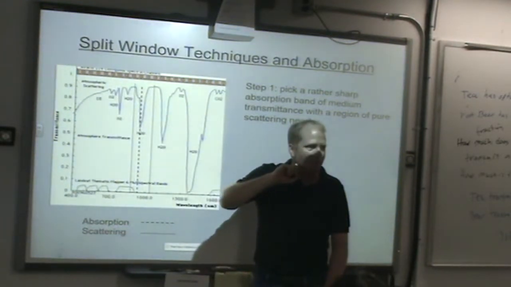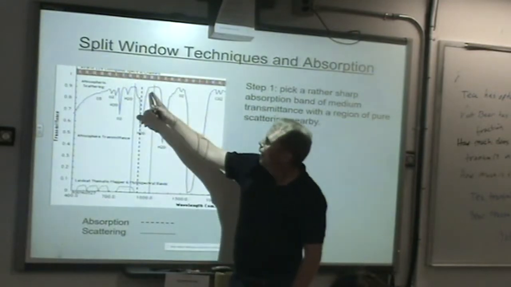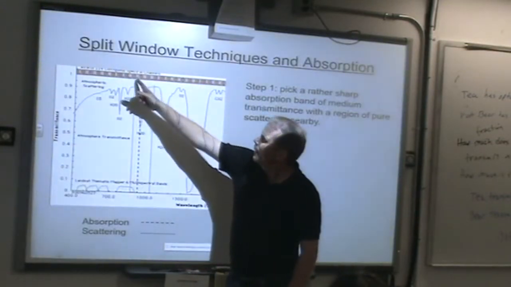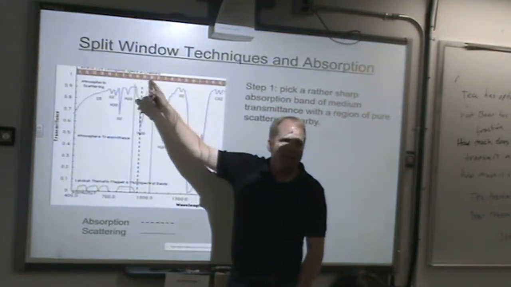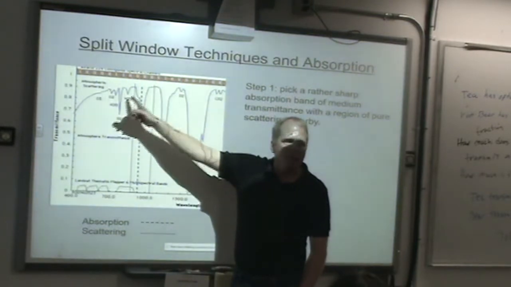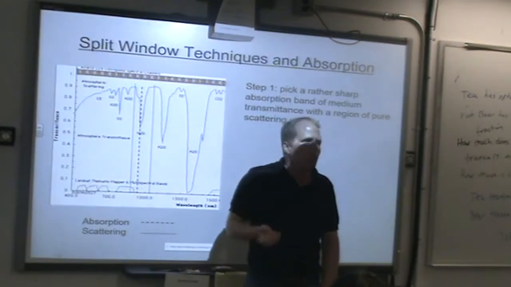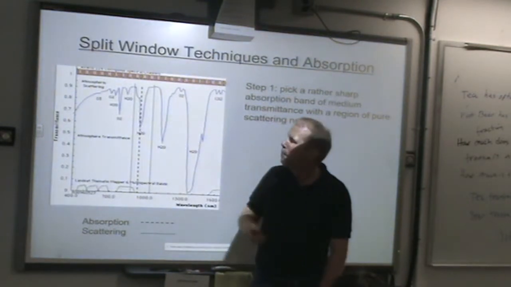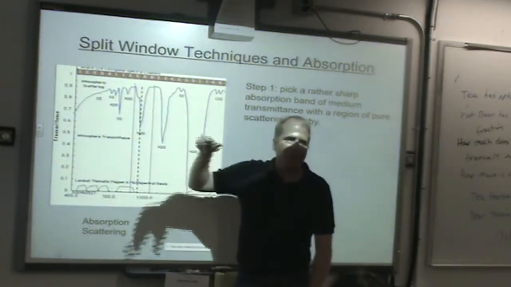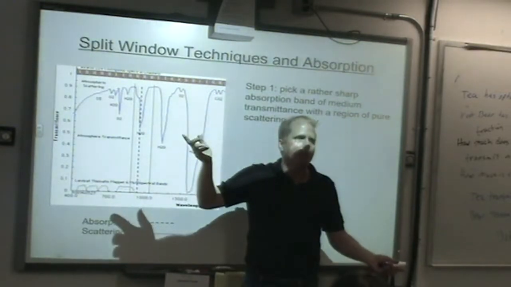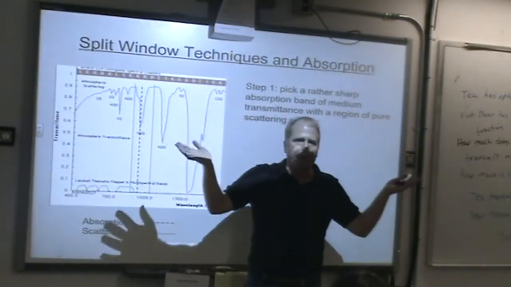But there's a problem. We're not starting at complete transmittance. The atmosphere is already scattering some of that light. How do we deal with that problem? Maybe we know how much is scattering, but in many cases you don't. If it's a pure atmosphere, we already have that calculated.